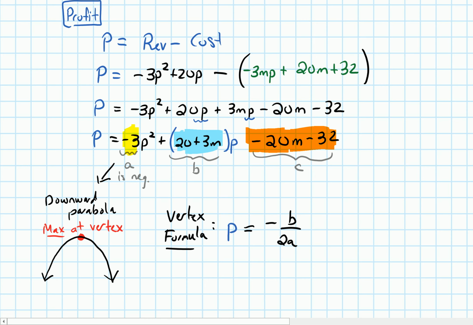So let's write that. P equals negative b over 2a here. So now let's plug in what these values are. So we have a negative, b is 20 plus 3m, over 2a, a being negative 3. Okay, so that's what we get from our vertex formula.